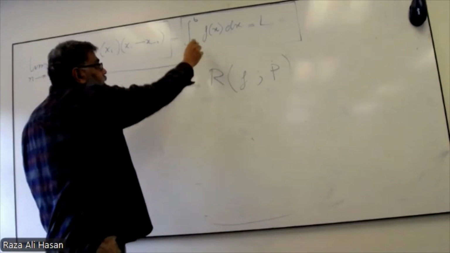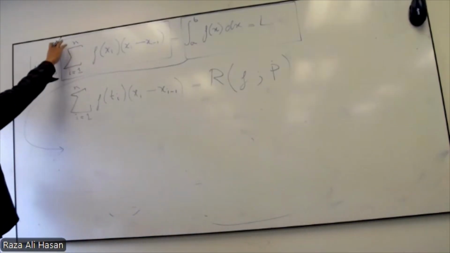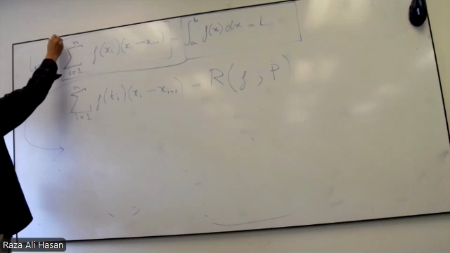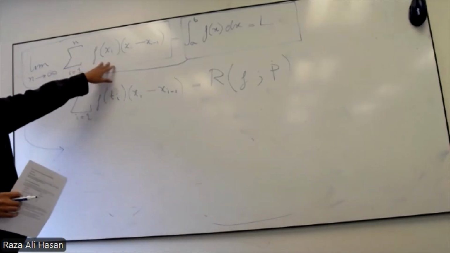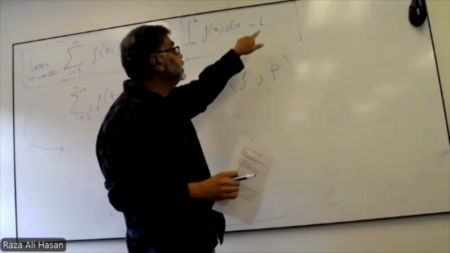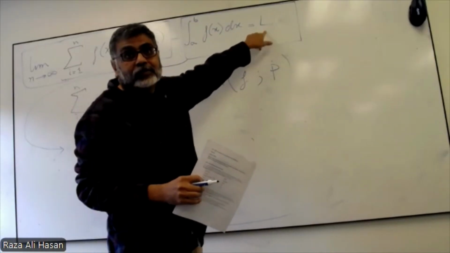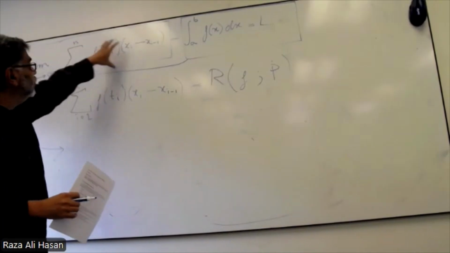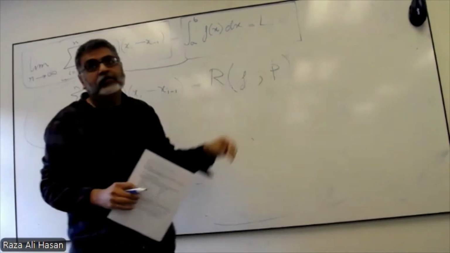What is this saying? If you take the limit of this thing, this summation, the limit exists, and if it exists, it's L. This is saying that if the limit of this thing exists, it is L.